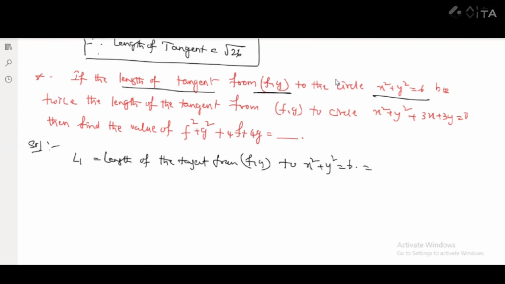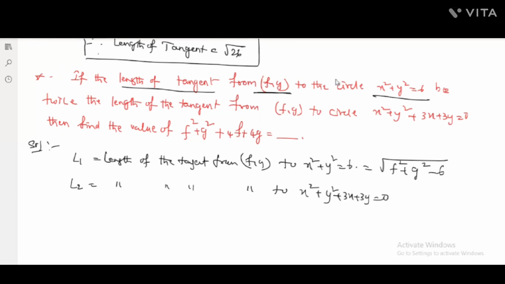So that is root over f square plus g square minus 6. Let L2 be the length of the tangent from (f, g) to x square plus y square plus 3x plus 3y is equal to 0. So that is root over f square plus g square plus 3f plus 3g.